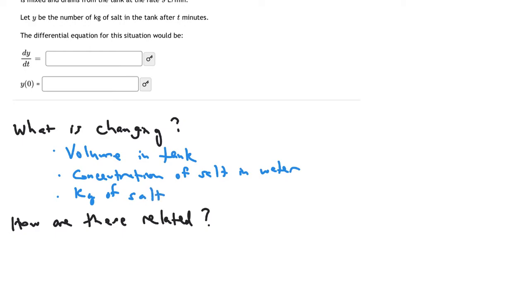And this question is trying to be helpful by telling you to let the variable y represent the number of kilograms of salt after t minutes. So that's telling you that that's the one you should focus on, but all of these things are changing.